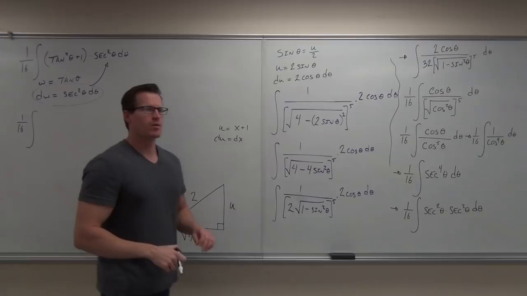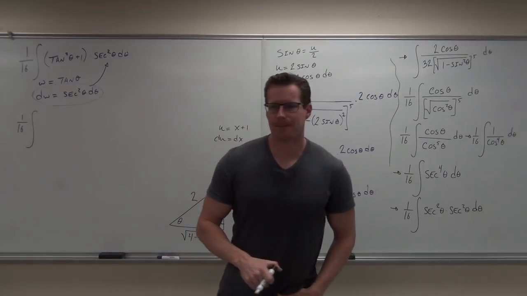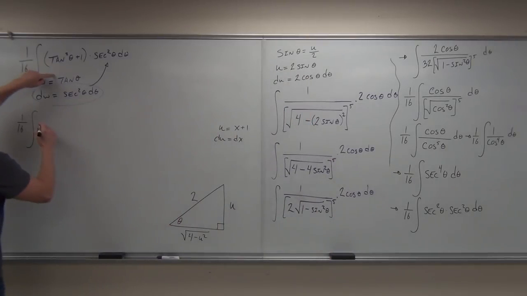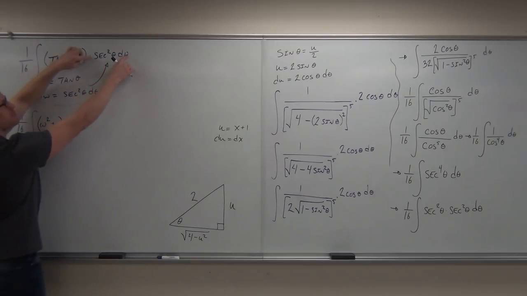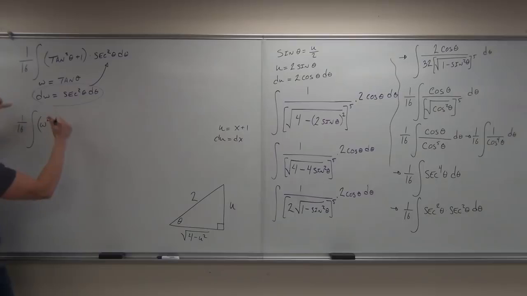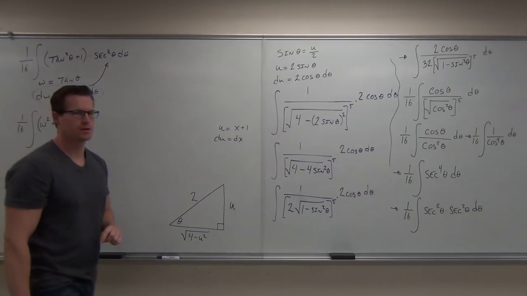So tell me what's inside my integral right now, please. What is it? W squared plus 1. Yeah. dw. Good. This whole thing is dw.